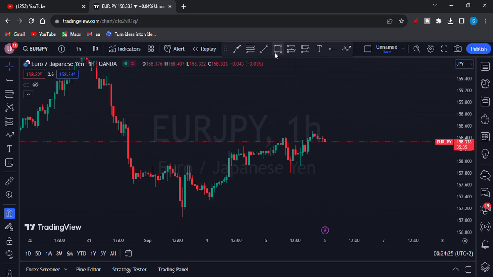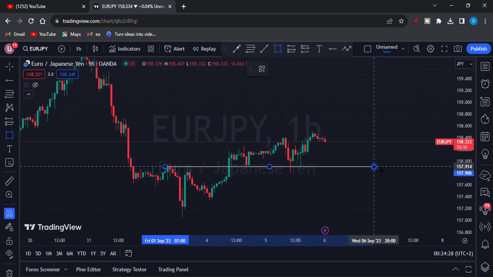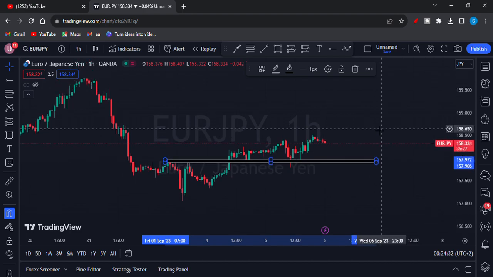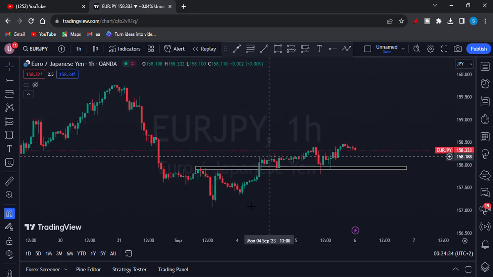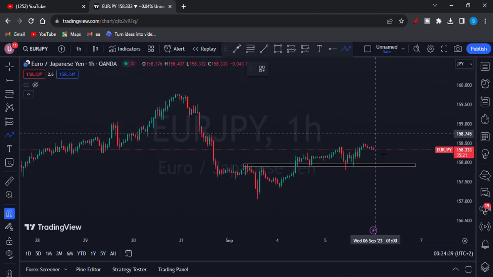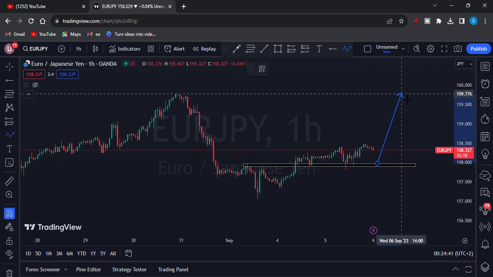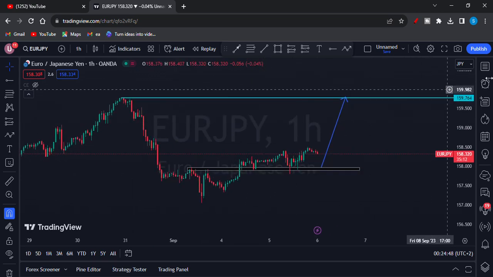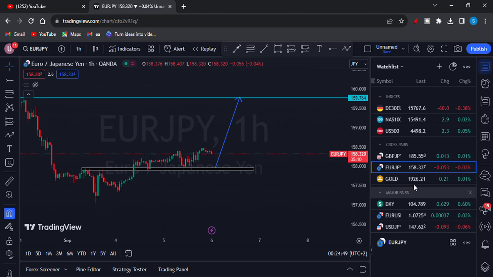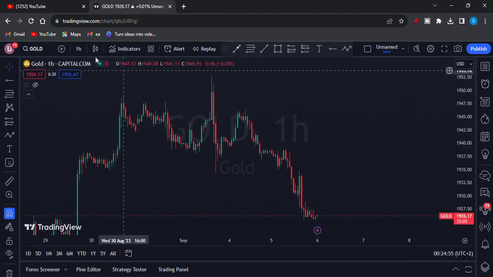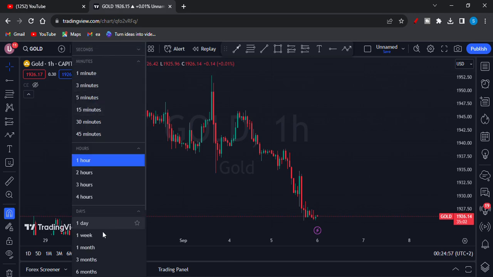So on an hourly, we had this zone right here, and I'm still going to expect the market to push upwards up to there. Okay, that's my analysis for EURJPY.